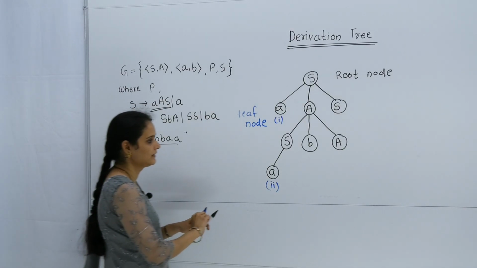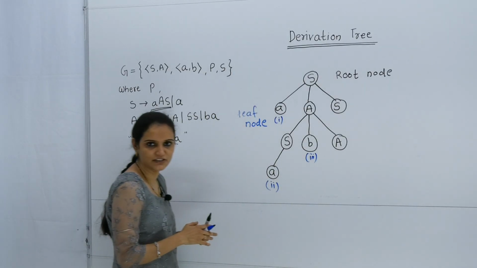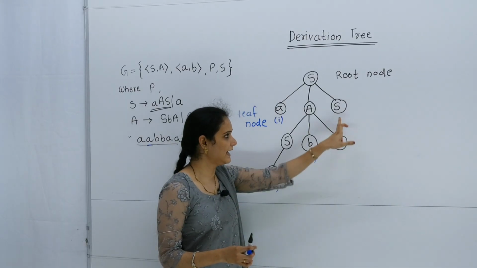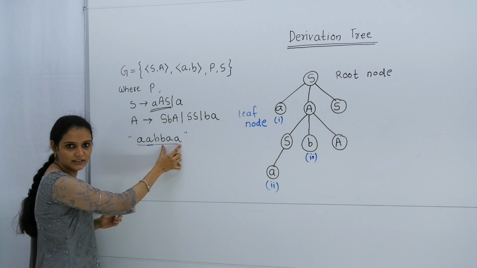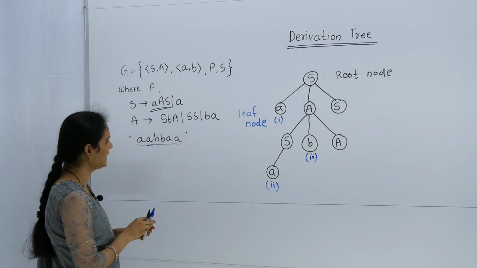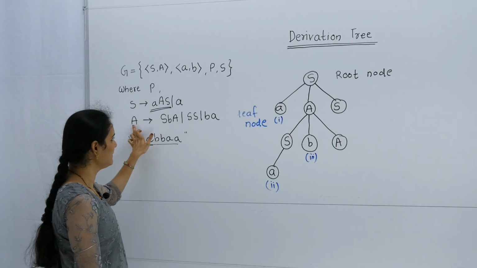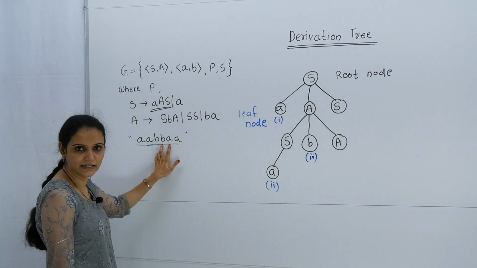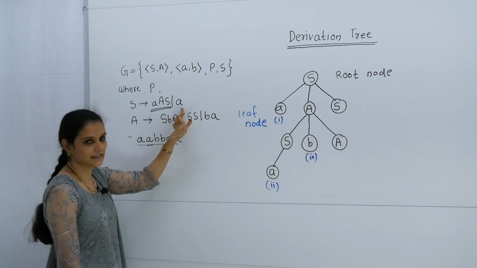Then that b is the third symbol of my string. The two vertices remaining are A and S, and the string baa is still remaining. So A produces, what can I use here, we can use A produces ba, so that particular ba will be completed, and the remaining S is there, so S produces a.